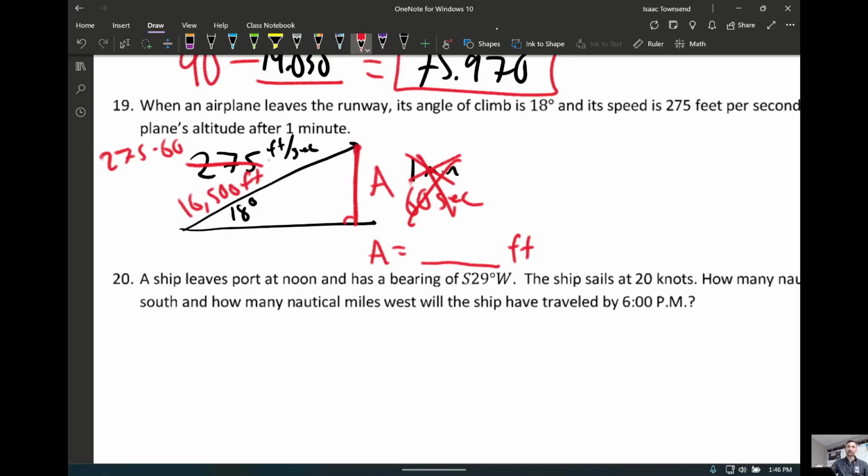Now that this is a distance, when I do a SOHCAHTOA equation, this will be a distance, which is what I want, a distance or a length. So finally, the sine of that acute angle is opposite over hypotenuse. So your answer should have come from 16,500 times the sine of 18, which is about 5,098 feet, 0.780.